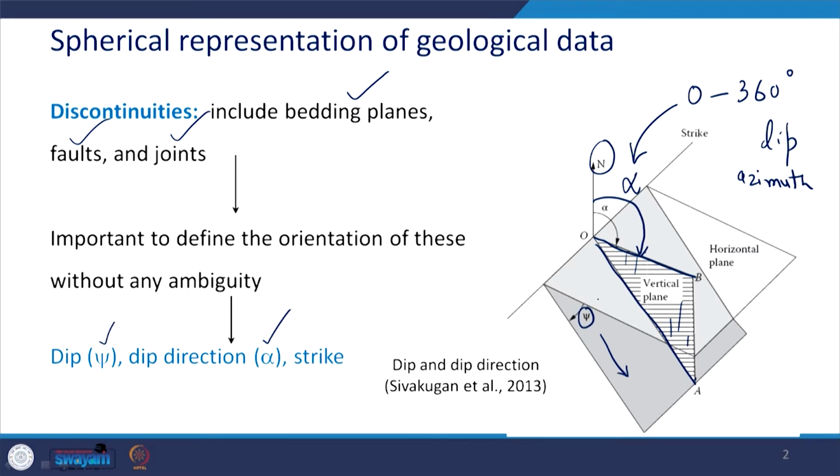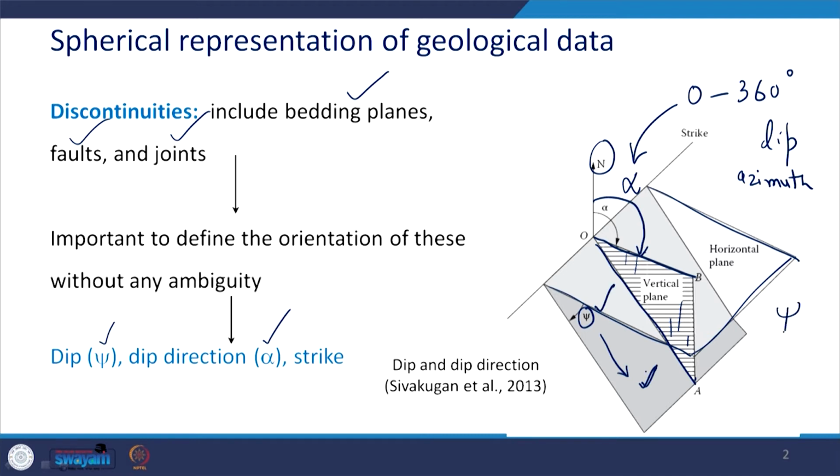Dip is the angle the inclined plane makes with the horizontal, this is your horizontal plane, you see. So, whatever angle this inclined plane makes with the horizontal plane would be called dip, which is represented as psi.